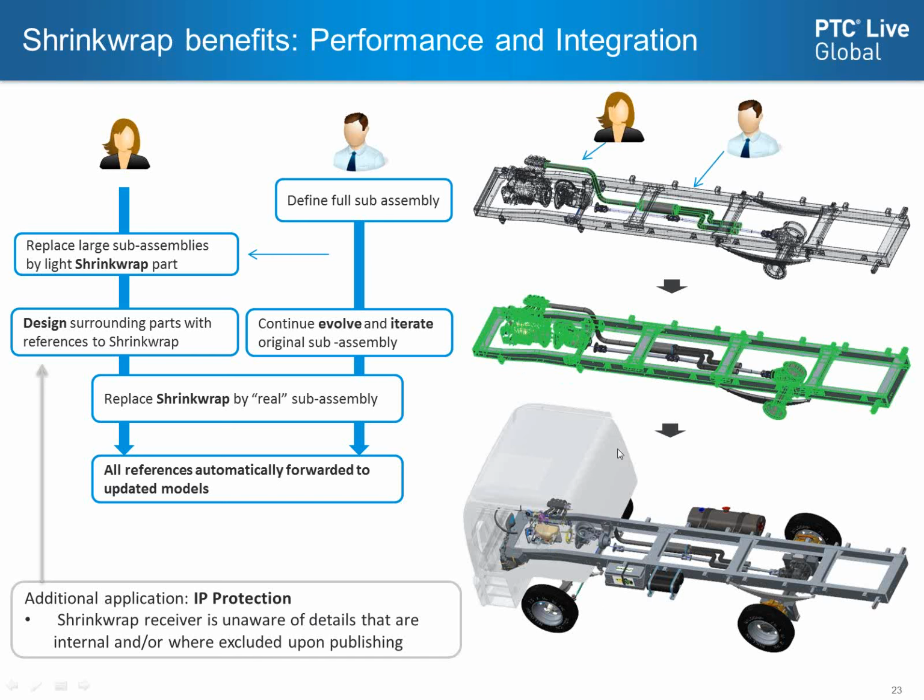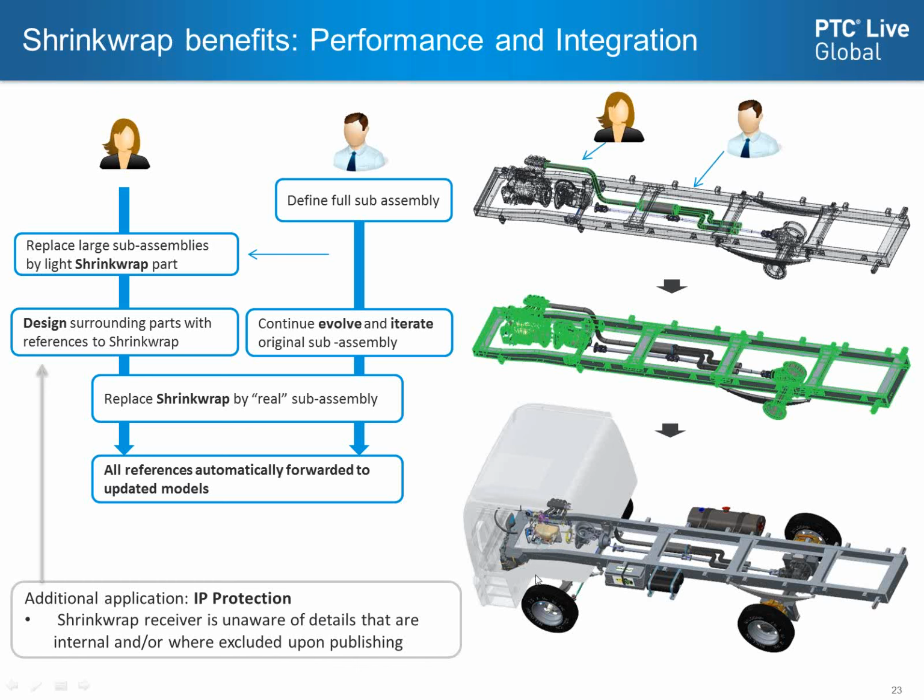When he's doing this, if, for example, this surface that the exhaust system was referencing is now moved in the real part further down, the system will update both designs because it will forward the references. It keeps information of the associative references that were used for the outside surfaces of the shrink-wrap, and it knows to update them once you replace the shrink-wrap with the original part.